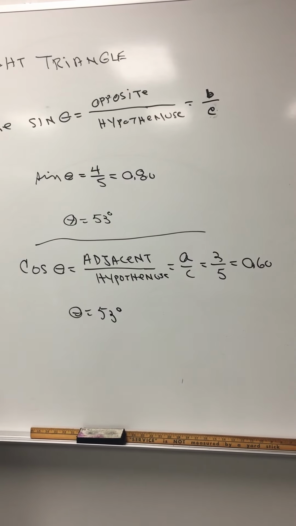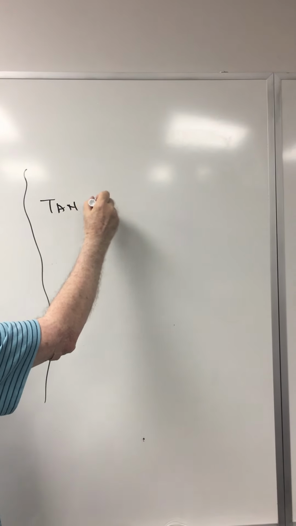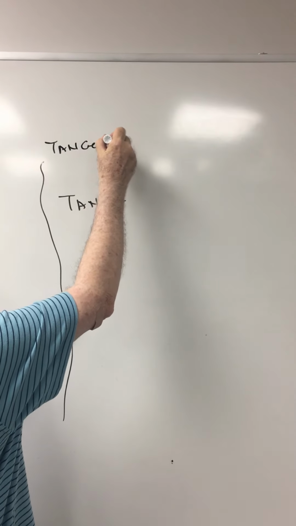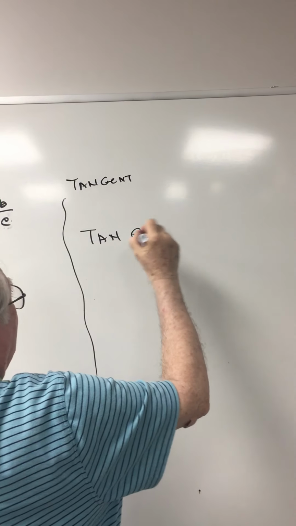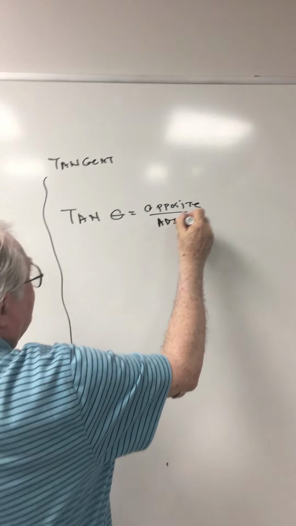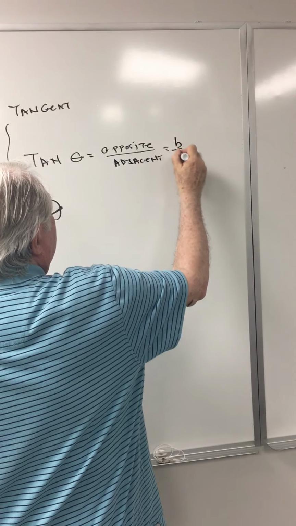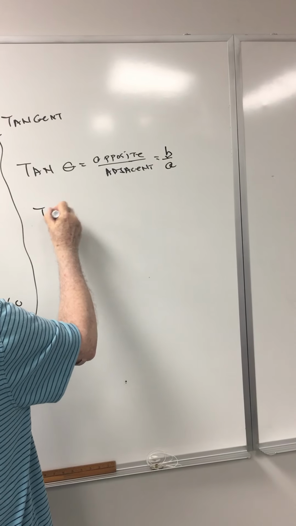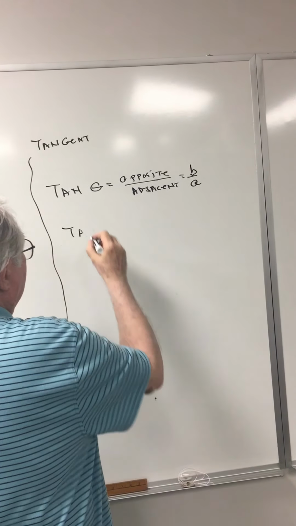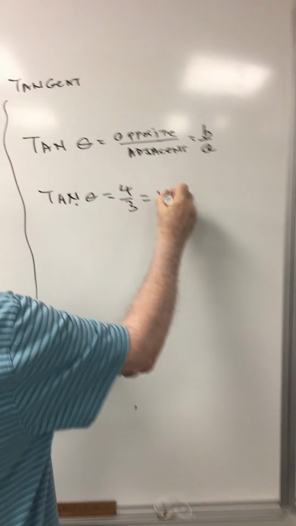Finally, the only other one that you need for this class is the tangent. The tangent of the angle, T-A-N-G-E-N-T, is equal to the opposite over the adjacent, and that's going to be B over A. That's going to be 4 divided by 3, 1.33.